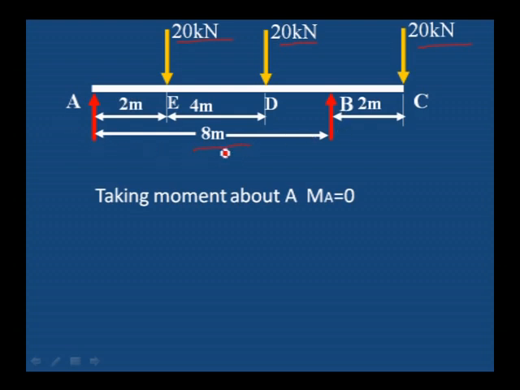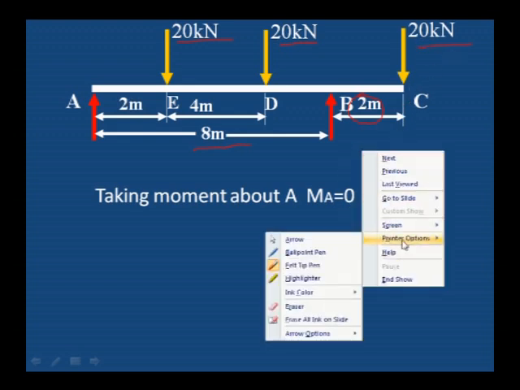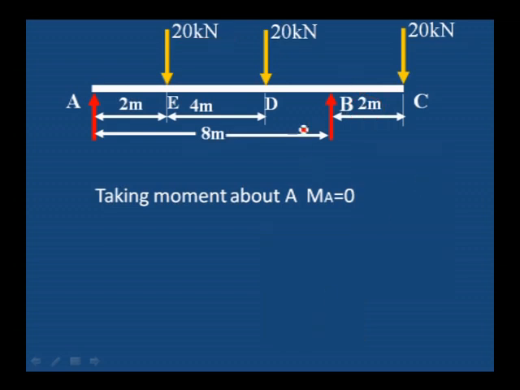A and B are at 8 meter distance, the overhanging portion is 2 meter, and at the end of the beam 20 kilonewton is acting. This is the combination of a simply supported beam and a cantilever beam. The shear force diagram and bending moment diagram will be a combination of those of a simply supported beam and a cantilever beam.